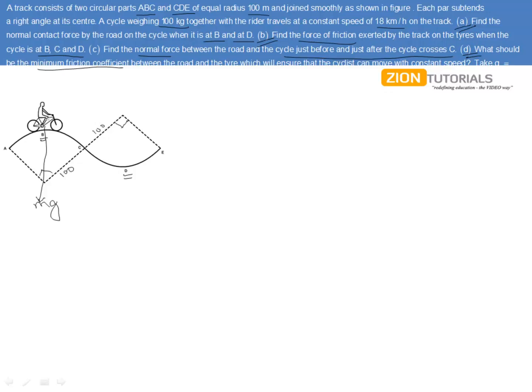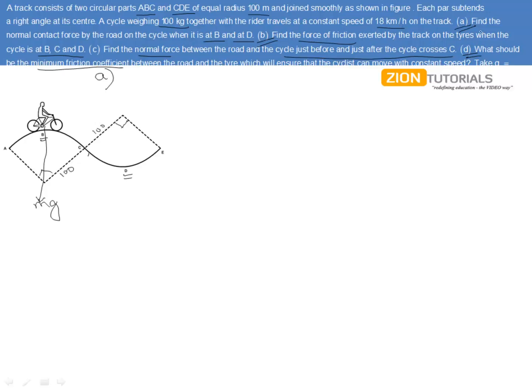So ultimately the normal reaction is different when the cyclist is in part ABC and when it's in the part CDE. That is, an equation changes by a sign of plus or minus when a cyclist goes from one part to the other. So let us take that into account more deeply, solving the problem.